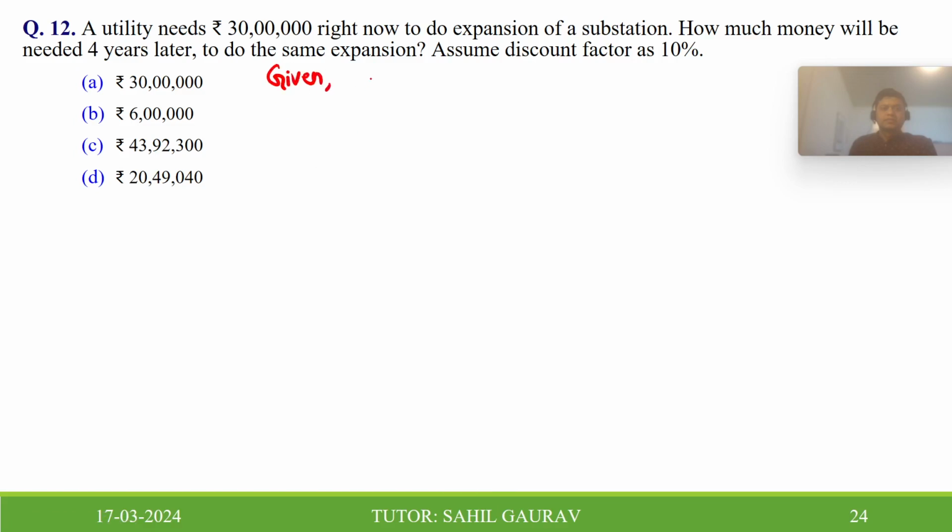Given present worth is rupees 30 lakh, number of years is 4, and discount factor is 0.1. The present worth factor is 1 upon 1 plus d.